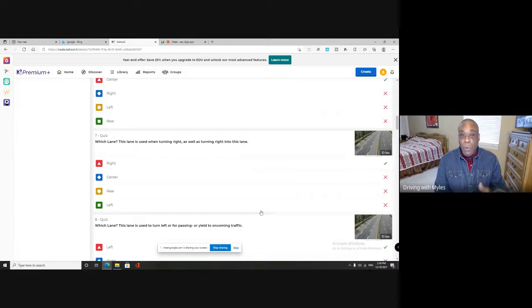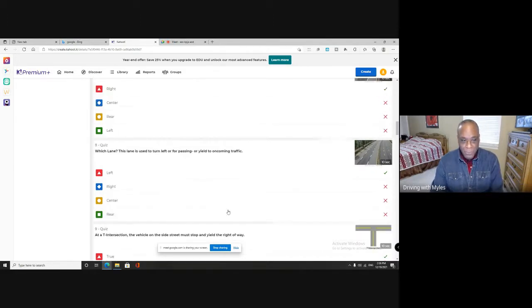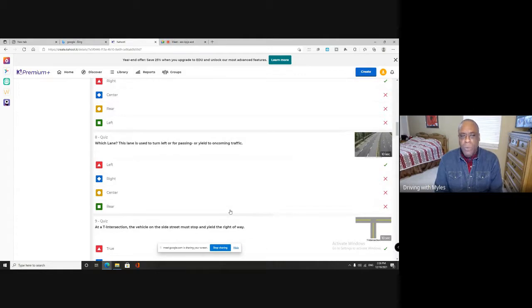This is the right lane. You always want to turn into the nearest lane. Keep your turn as short as possible. Number eight, which lane is used to turn left or for passing or yielding to oncoming traffic? This is the left lane.